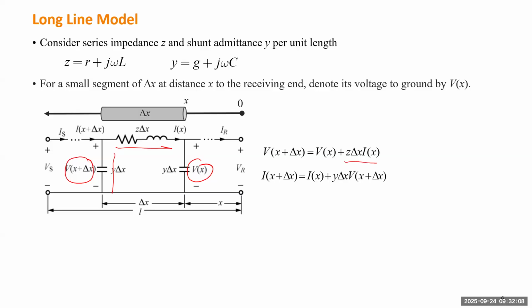The difference will be the voltage drop only due to this series impedance, so that's z times delta x multiplied by the current. Then we also utilize Kirchhoff's current law. The difference between this current and that current will be the current going through this branch. That current is equal to the admittance multiplied by the voltage.